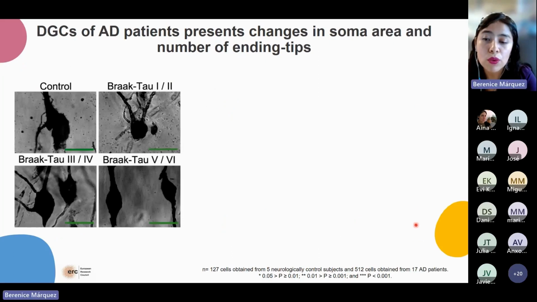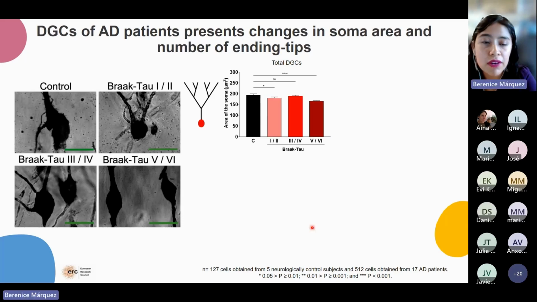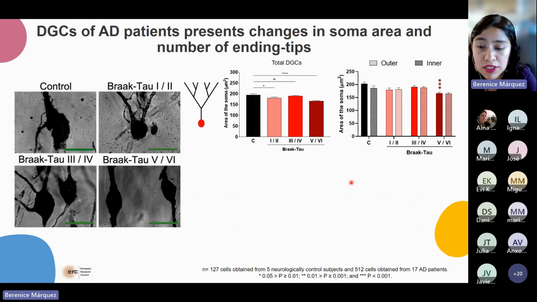In relation to the soma area quantification, total dentate granule cells present a reduced soma area at early and later stages of Alzheimer's disease without changes at intermediate stages. Moreover, the reduction in soma area was observed only in outer dentate granule cells at later stages, without changes in this parameter in the inner dentate granule cells.